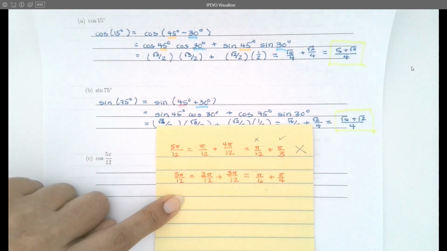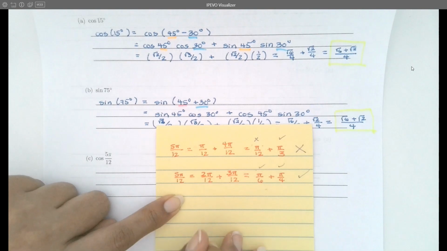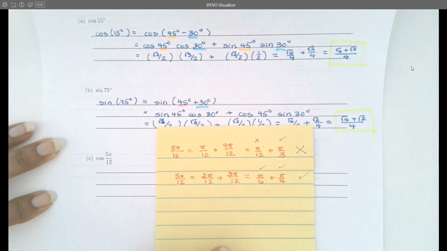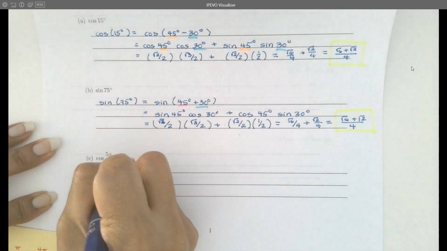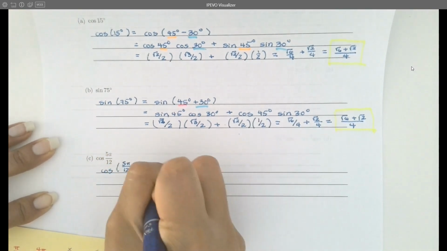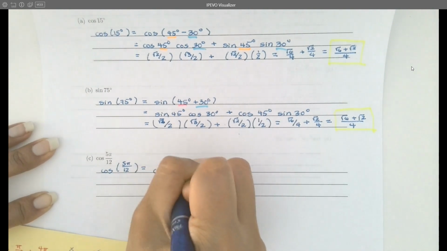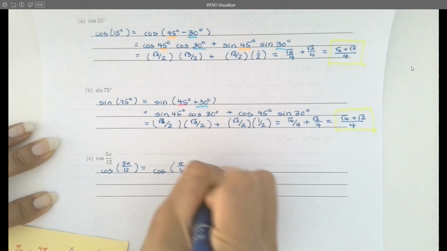Now both of these are on the unit circle, so because both angles are, we use that possibility. So coming back here, I'm going to write that cosine of 5 pi over 12 is the same as taking cosine of pi over 6 plus pi over 4.